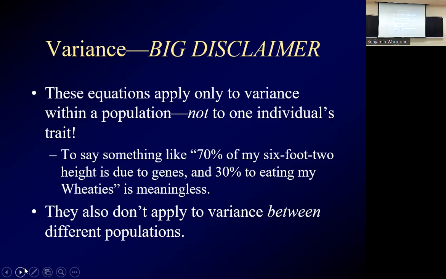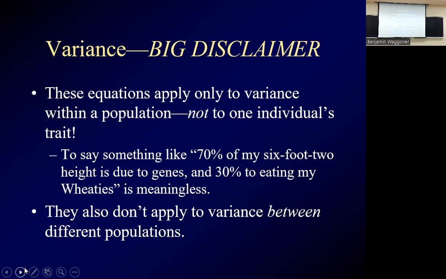You're only talking about variance in a population. It's like fitness. It's not the kind of thing that an individual has. You're looking at a statistical measure based on a population of individuals. It's not an individual property at all. And again, they also don't apply to variance between different populations.